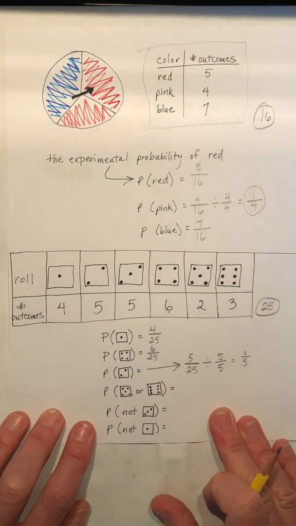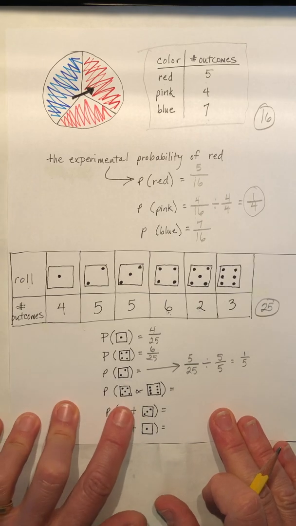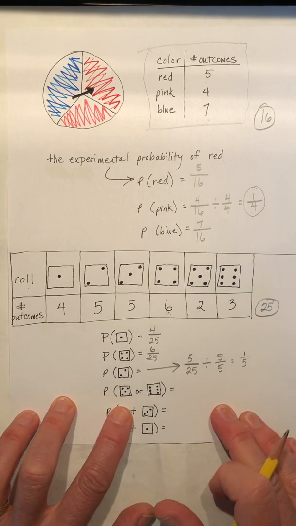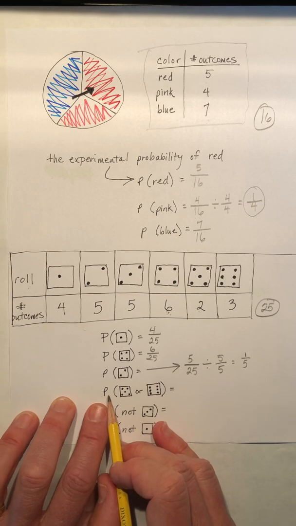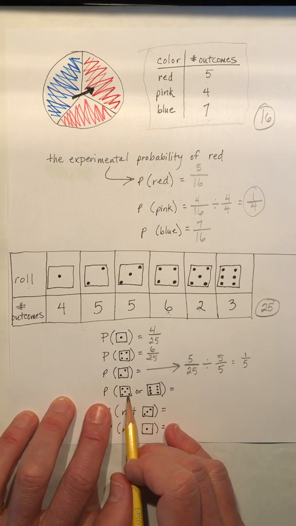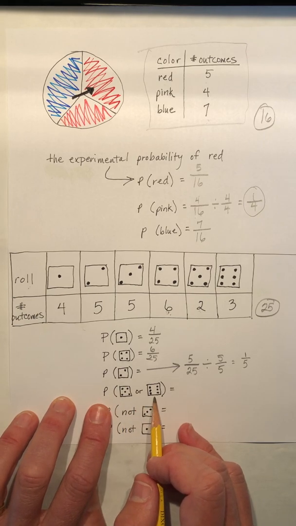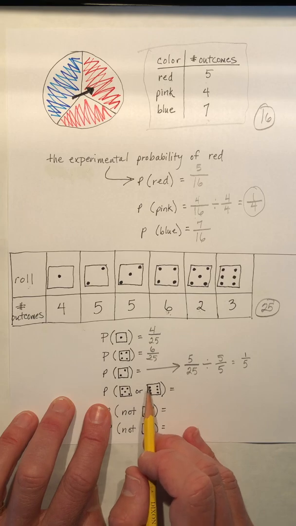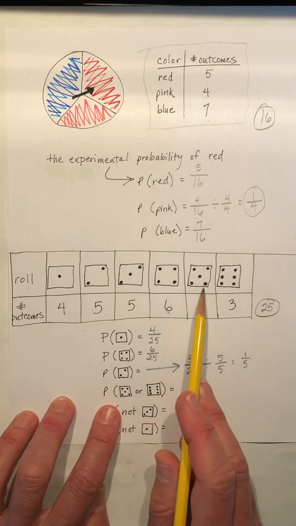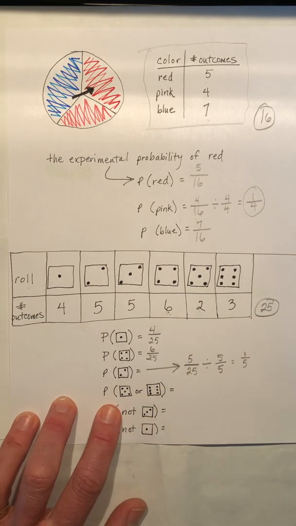Okay, so now we're going to look at some ones that are a little more complicated. So, what is the experimental probability of getting a 5 or a 6? What's that mean? That means if I were going to give you $1 every time you rolled a 5 or a 6, how many times did you win that $1?